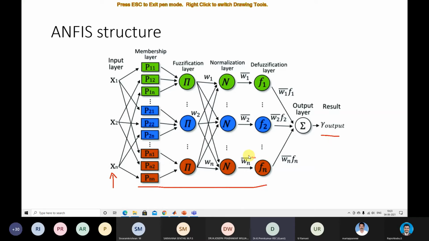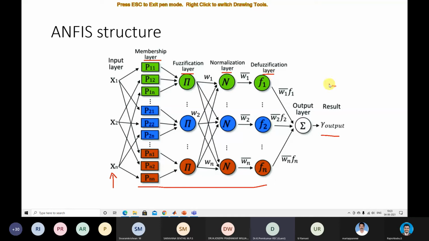But the number of hidden layers varies when compared to a simple ANN. So it has different layers between the input and the output: the composite function layer, fuzzification layer, normalization layer and defuzzification layer.